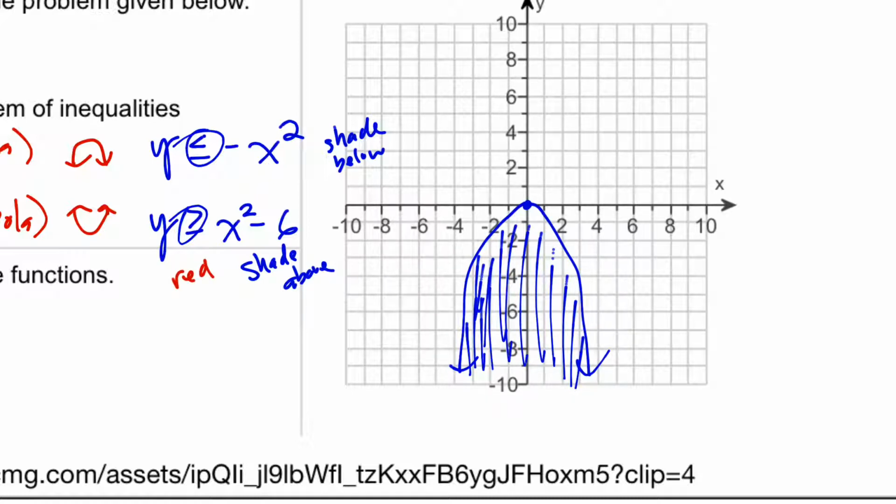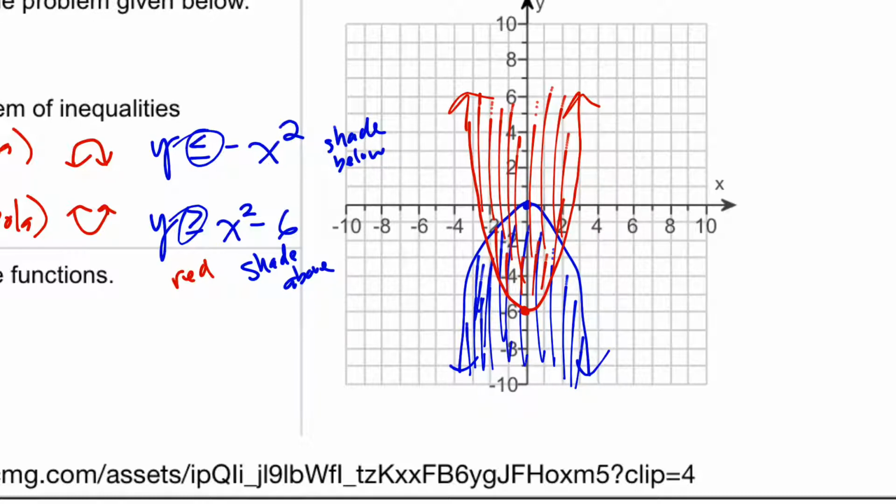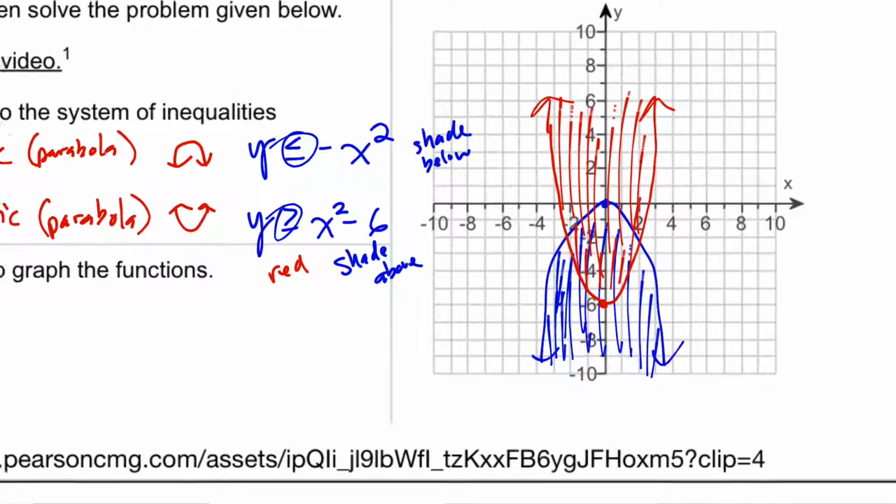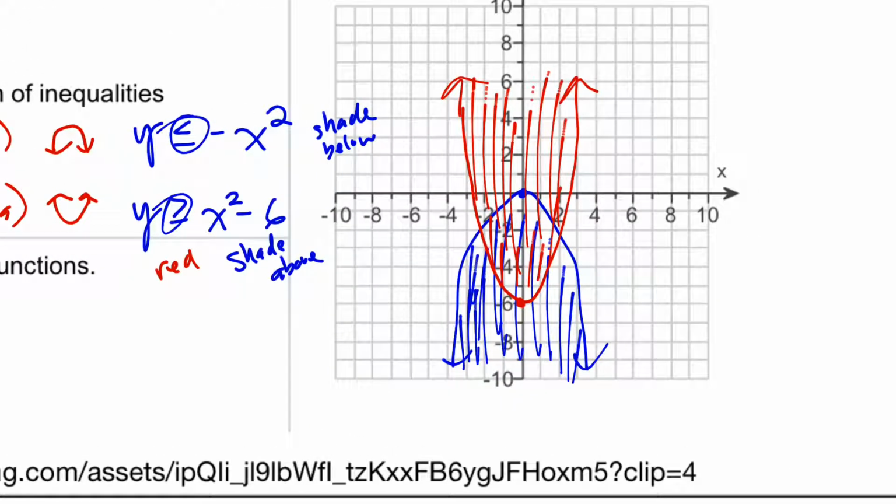So let me go ahead and do this one. So the parent function is going to shift down, and this one is like so. It's greater than, so it's going to be this region here. And so now the solution to the system is all the points in this intersecting or overlapping region.